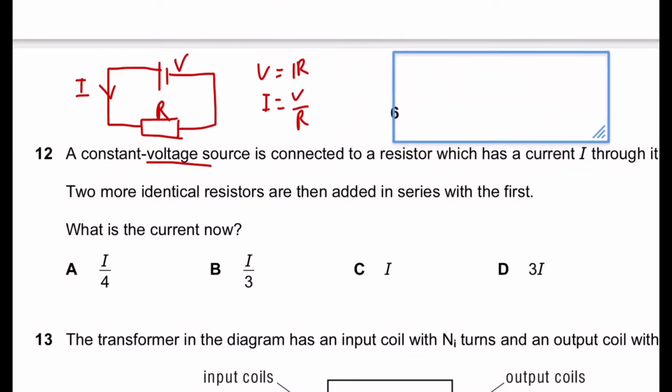Let us draw a second diagram with the two identical resistors, which is right here. Same cell, but just more resistors.